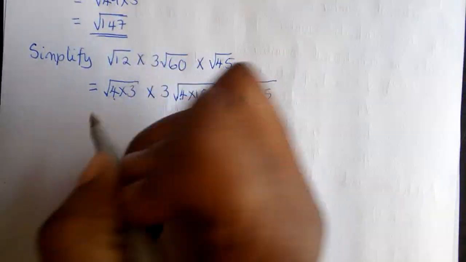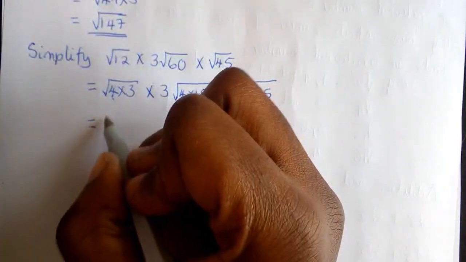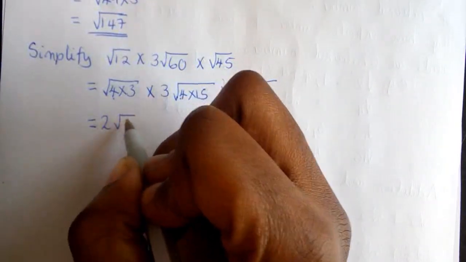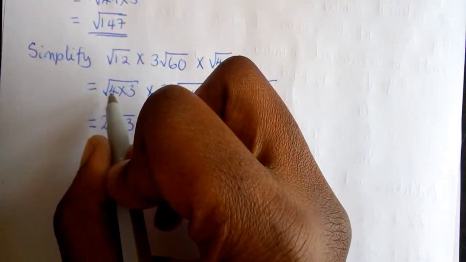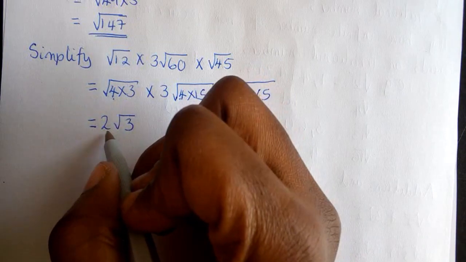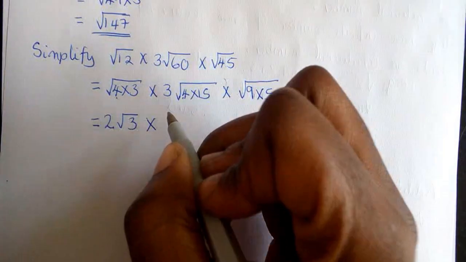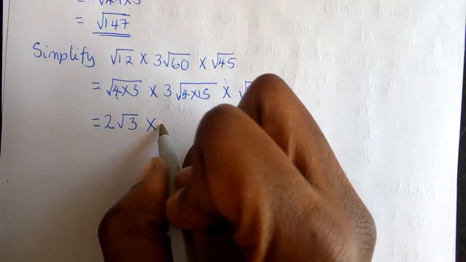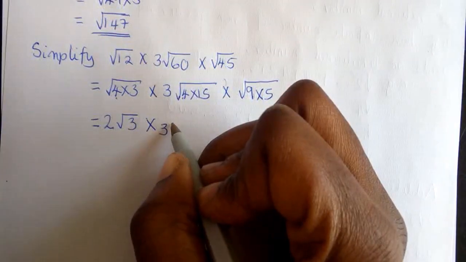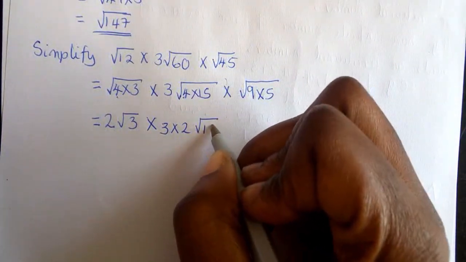To simplify it further, square root of 4 is equal to 2, and we write 2 outside like this, since a square root of a number that is a square of another number is that number, so it will be 2 root 3 times 3 times 2 root 15.